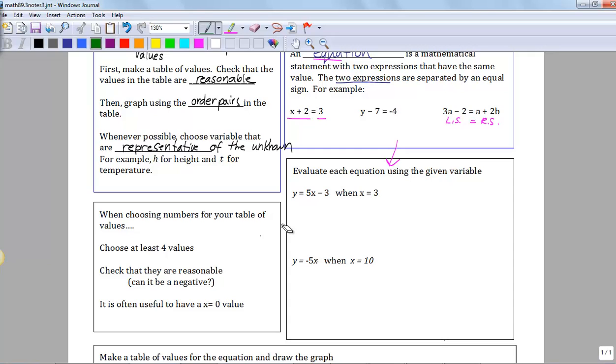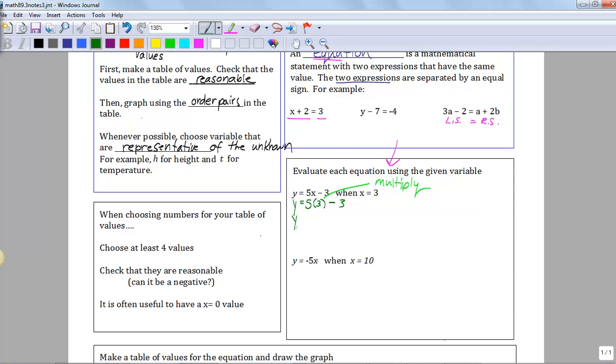So what that means is that on the next line, the equal signs will be underneath, the y will be underneath, the 5 is underneath the 5, but rather than writing x, I'm going to write a 3, and put it in nice little brackets like that. Remember that we talked about it in class, but those brackets mean to multiply. So I've got 5 times 3 minus 3.